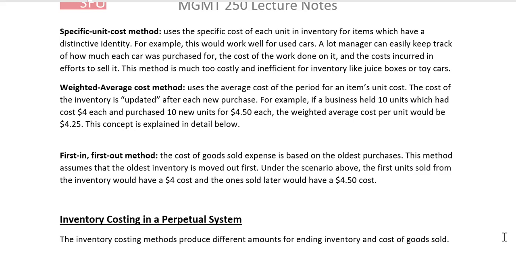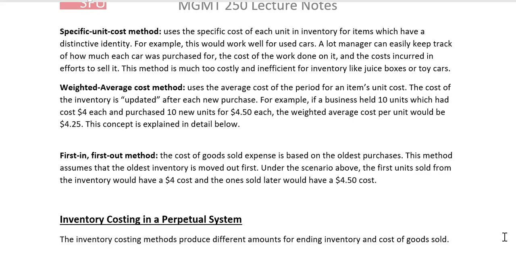First in, first out, or FIFO. The cost of goods sold expense is based on the oldest purchases. This method assumes that the oldest inventory is moved out first. Under the scenario above, the first unit sold from the inventory would have a $4 cost, and the one sold later would have a $4.50 cost.